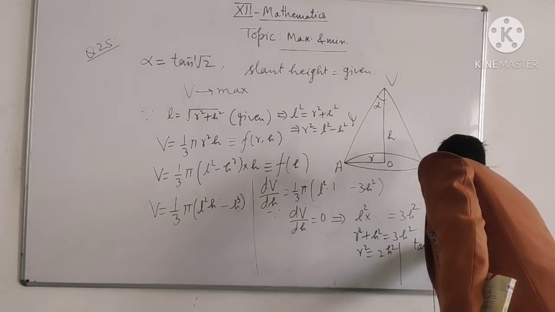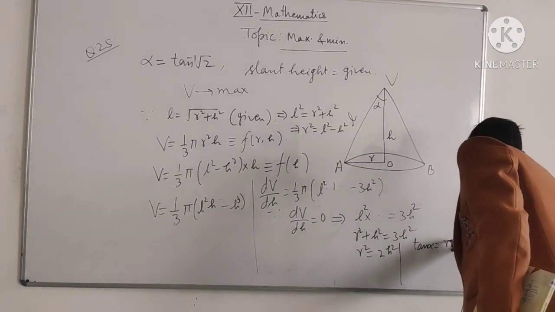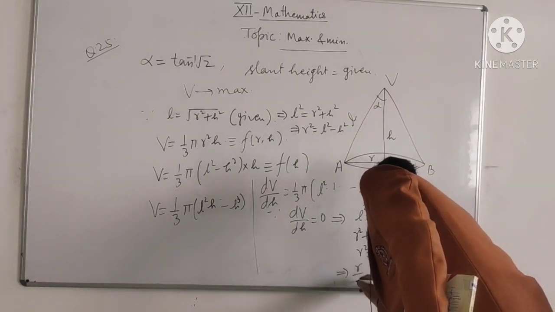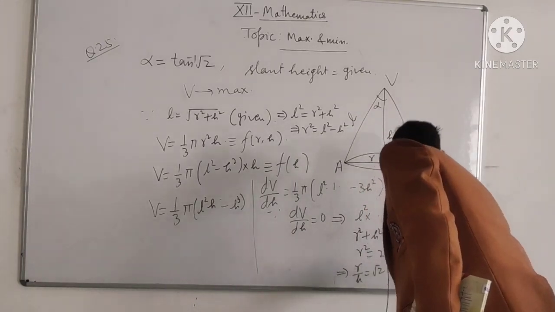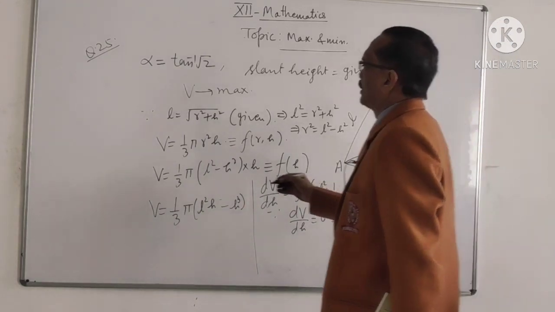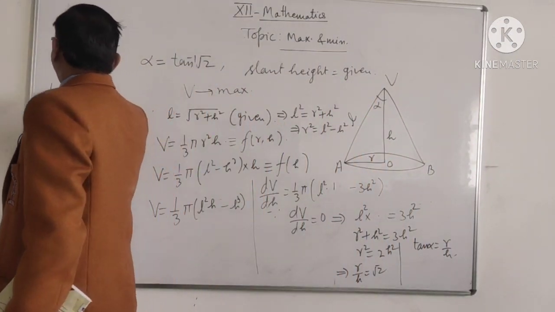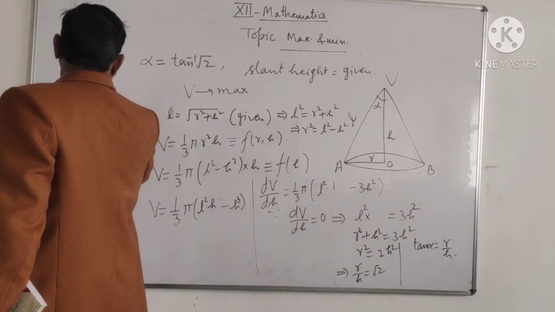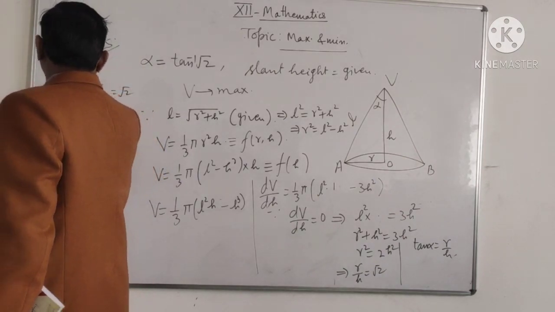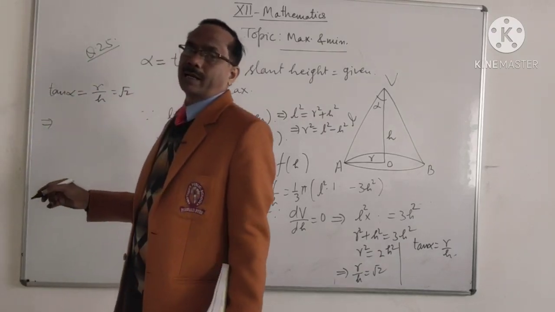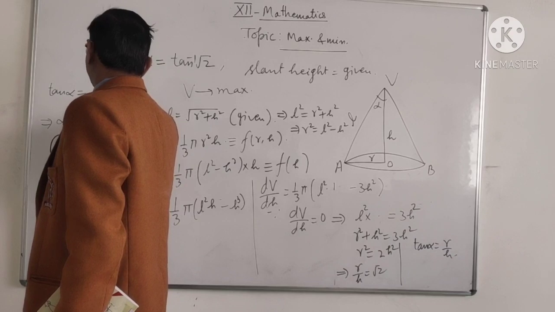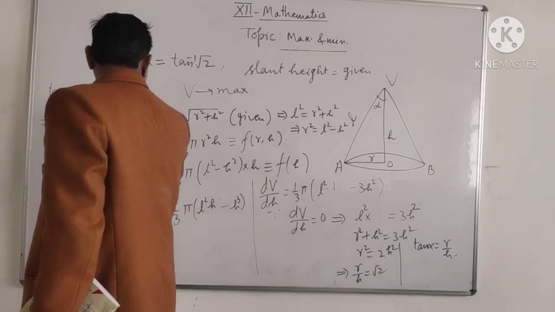So tan alpha equal to R upon H, which is root 2. Therefore tan alpha equal to root 2, or we can say semi-vertical angle alpha equal to tan inverse root 2.